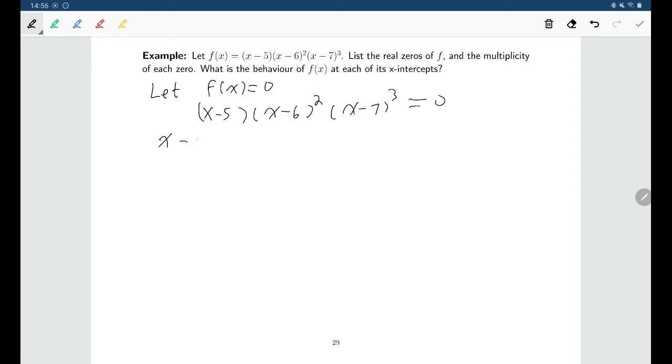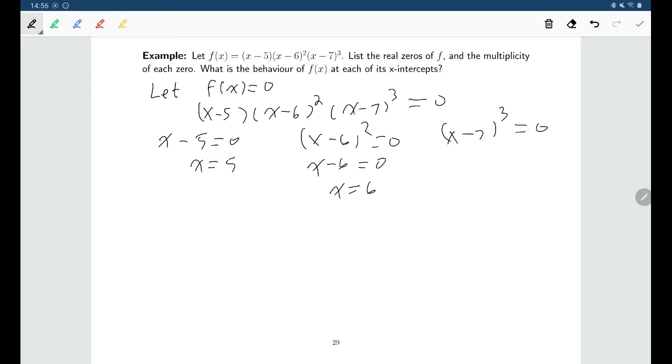Well, at x being 5, at x being 6, and at x being 7. So if we're going to make a little table here, our zeros are 5, 6, and 7.